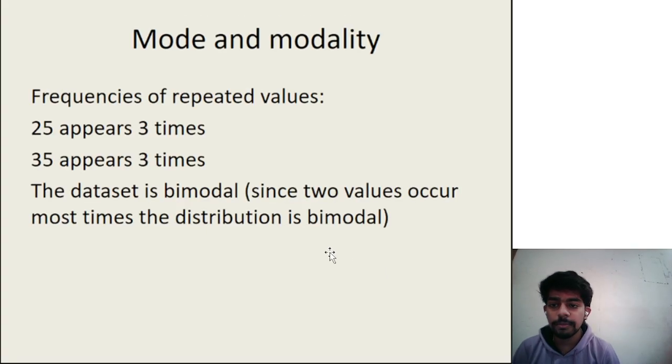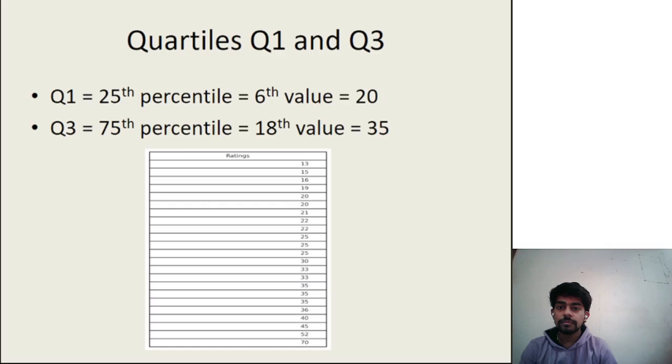So these are the most frequently appeared values. 25 appears three times, 35 appears three times. So our modes will be 25 and 35. Since we have two modes, the modality of this data set is bimodal. Here it is also written: since two values occur most times, the distribution is bimodal. Let's proceed to the next slide.